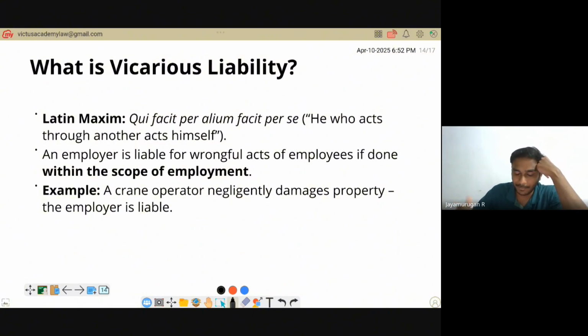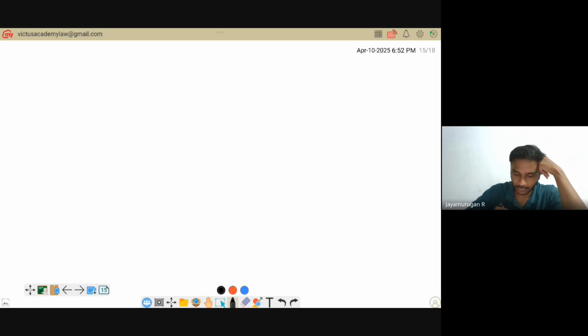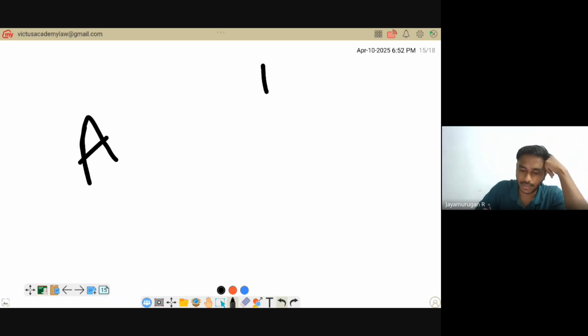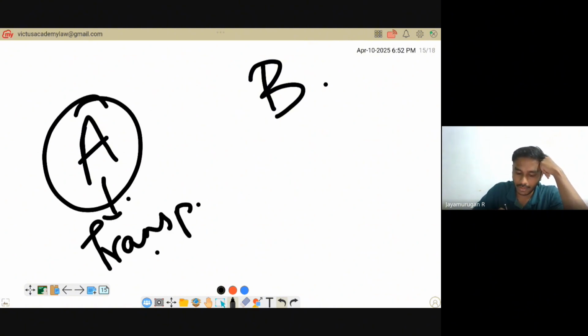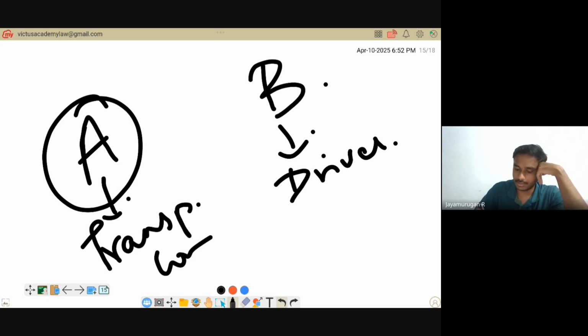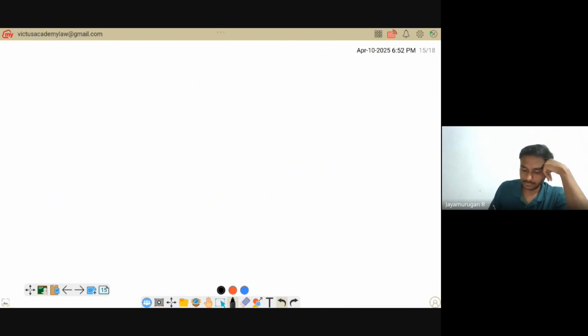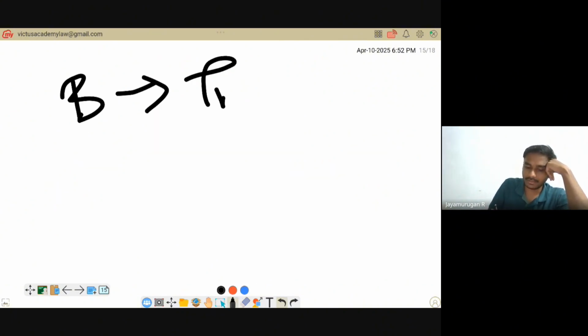Let me give an example. Say there are two persons, A and B. A is the owner of a transport company. B is a driver in the transport company. B was assigned the task to transport certain goods.